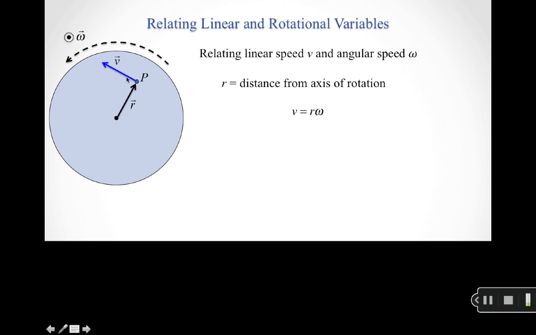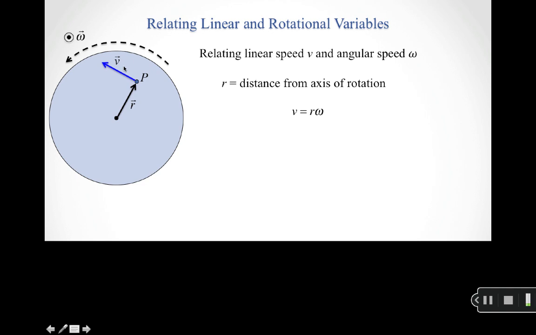Well, how about speeds? So if I'm now thinking about, again, my disk as it rotates counterclockwise, well, I know from my right-hand rule, if I curve the fingers of my right hand in that direction of rotation, then my thumb's going to point out, which tells me that my angular velocity points outward.